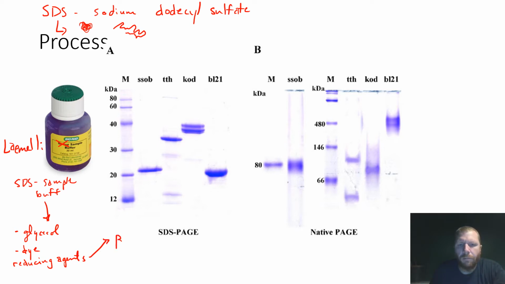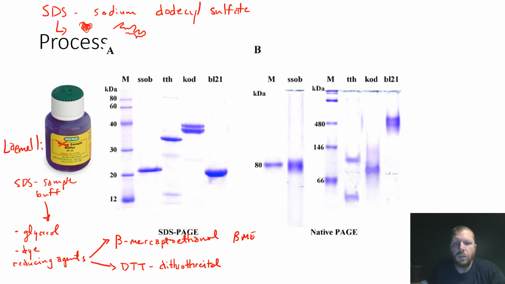They are beta-mercaptoethanol, also known as BME, and our other reducing agent is DTT, also known as dithiothreitol. Now, in practice, they're going to stink. They smell bad.